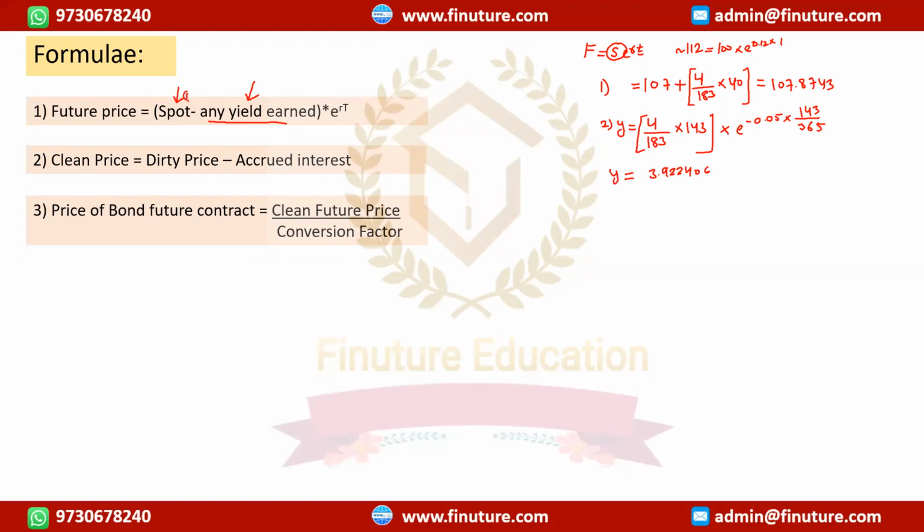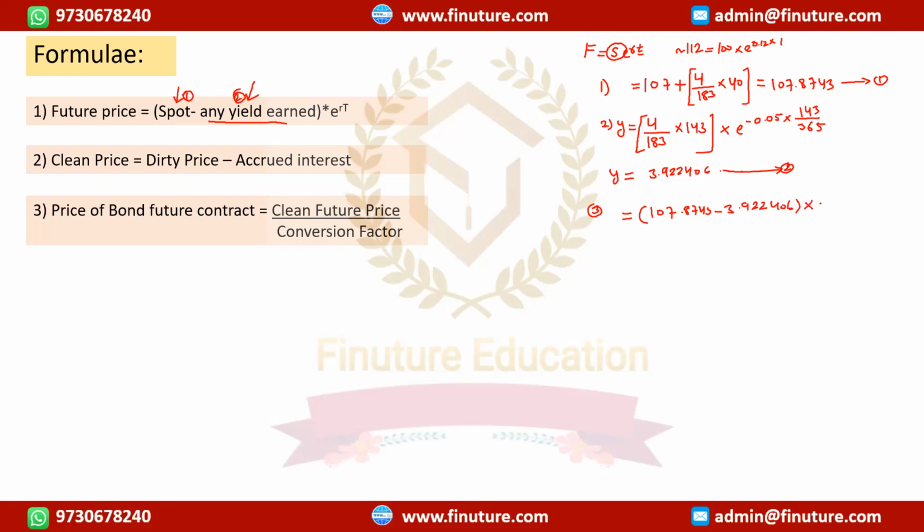So this is number one, we calculated spot price. This is a yield that we calculated. Now what we'll do at a third step, I'll just label these. This is 2. This is your 1. Now what we'll do, we'll calculate future price, which would be equal to spot price 107.8743 minus 3.922406.